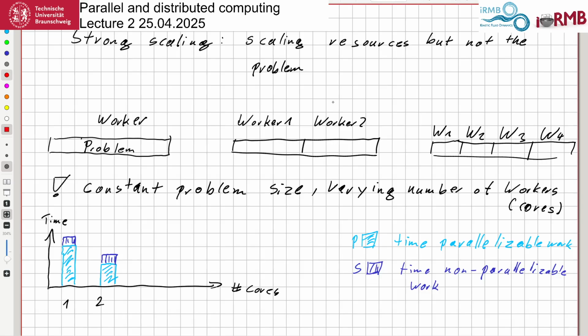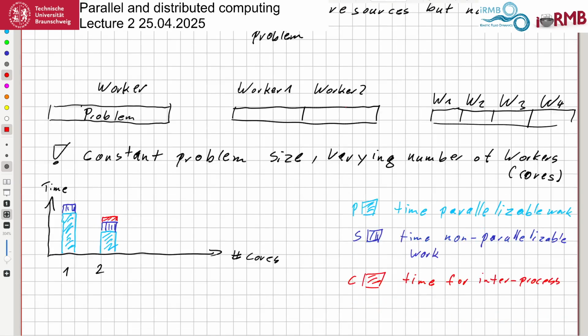And on top of this comes something that you did not need to care about before, and this is the communication time. Since you now have several people, you have to communicate. So this is the time for inter-process communication.